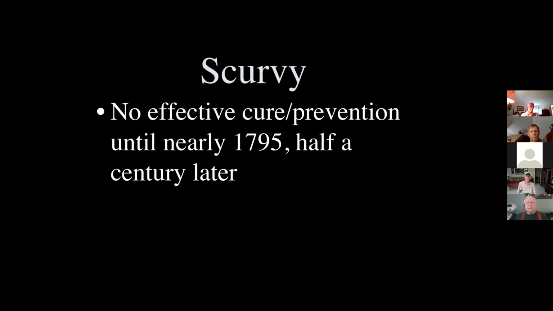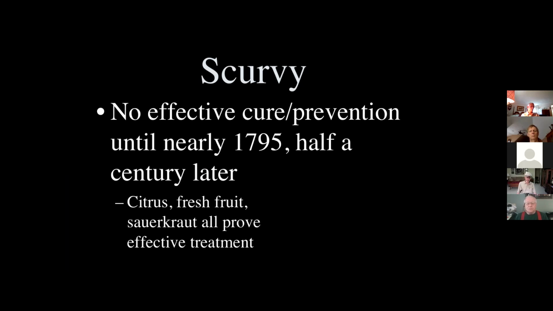Scurvy, there was no effective cure. There was no effective prevention of it until almost 1795, which was about half a century after Anson made this trip. So nobody knew what to do.